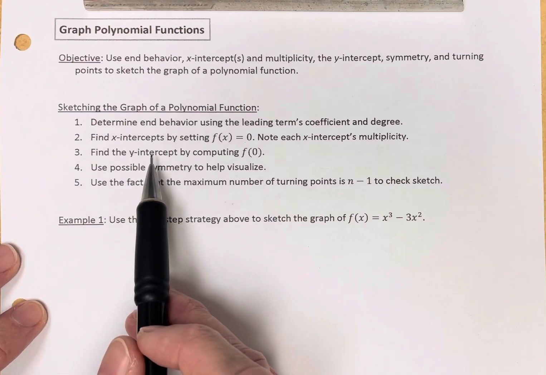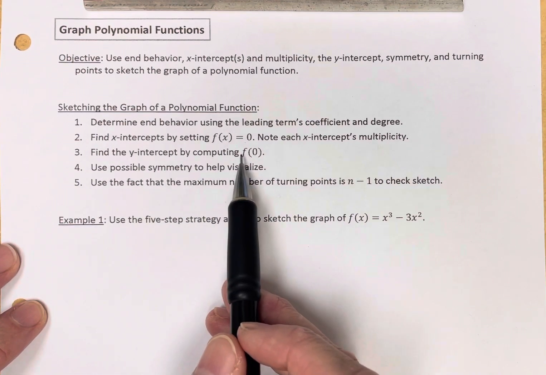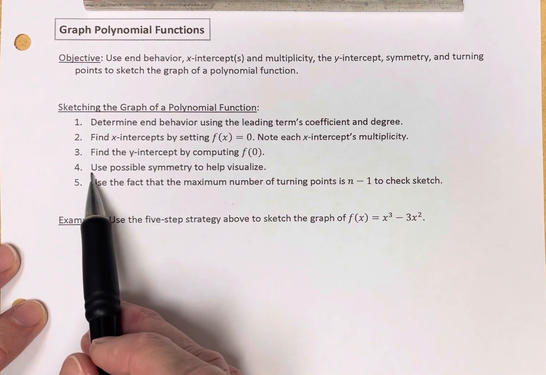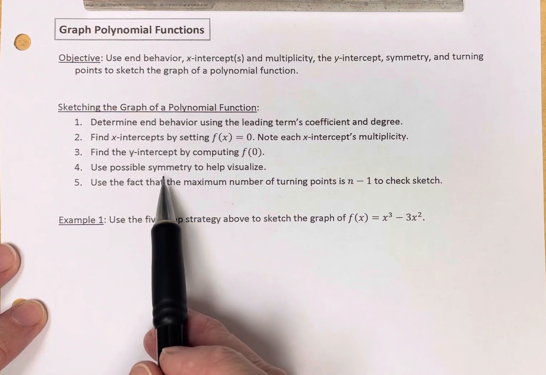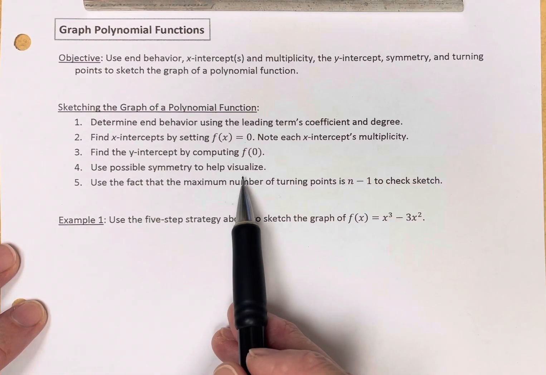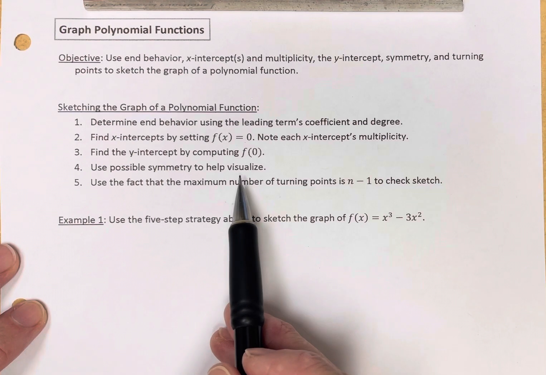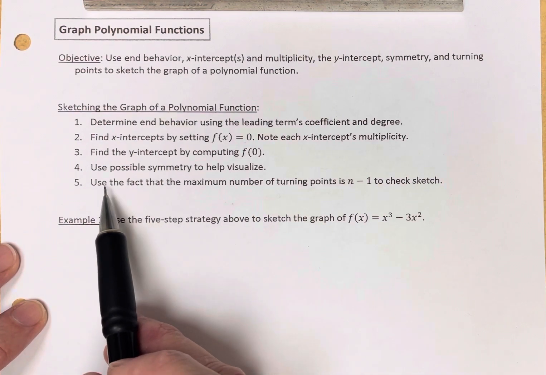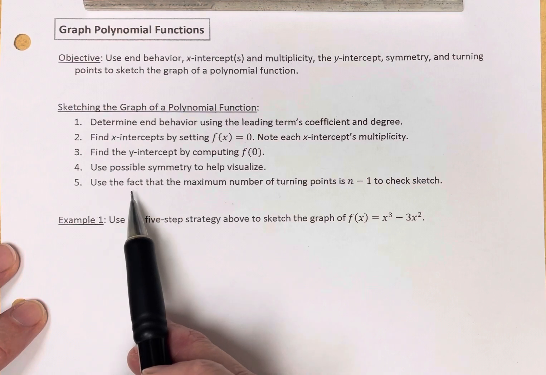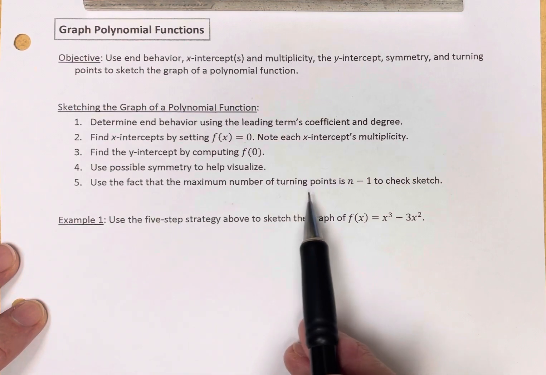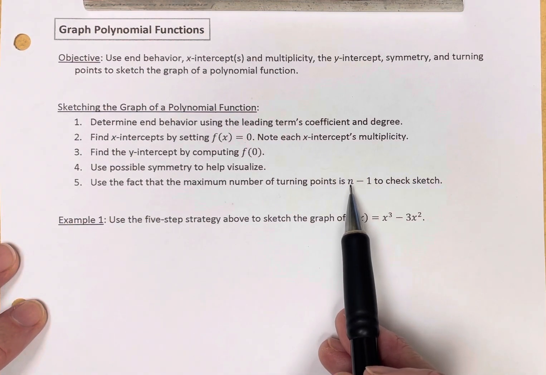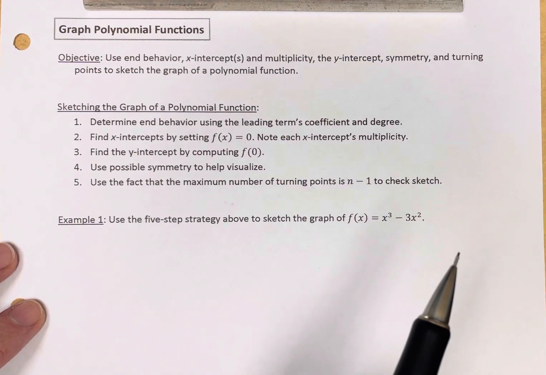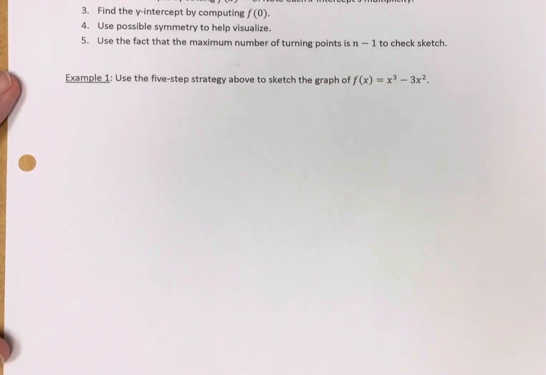Third, find the y-intercept by computing f of 0. Fourth, use any possible symmetry to help us visualize what the graph is going to look like. And fifth, we check ourselves using the fact that the maximum number of turning points is the polynomial's degree minus 1. Okay, so let's get started.